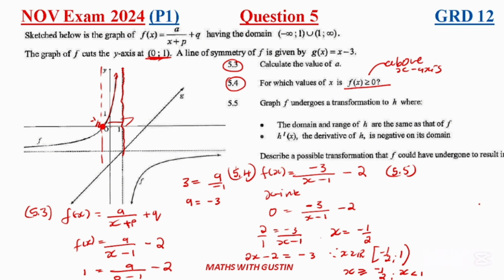Now here in this case, I hope you guys can still remember the transformations you did in grade 11, how to reflect graphs. What are they saying here? They are saying this graph will remain the same. The domain and the range will remain the same.